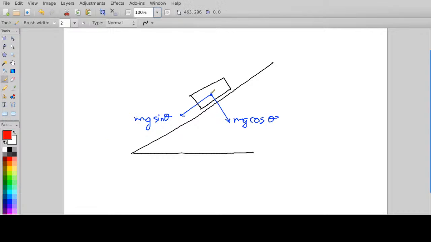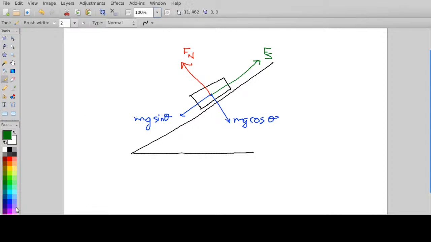There's still a normal force, Fn, and there's a force of friction, but I'm going to give it a slightly different name. I'm going to call it Fs, because it's static friction.